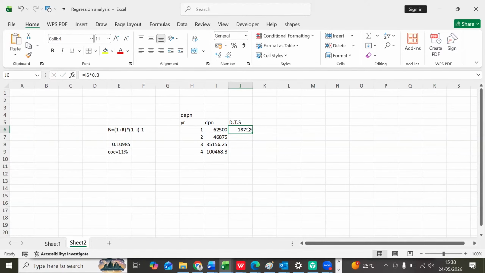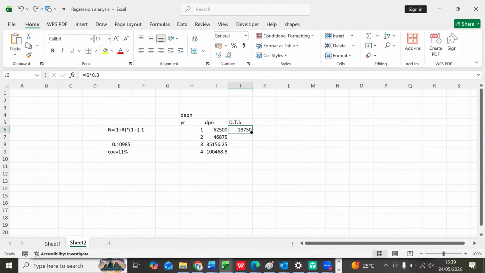We are taking depreciation times the 30%. So you come here, you say equals, you pick depreciation for year 1, then you say times 30%. 30% is the same as 0.3. Then I do Control Enter. Once I've done Control Enter, I will come to this autofill. You've got 2 pluses. One is just a highlight, a very useless plus. And then we have this other plus, which is the autofill, the black one, just like a black rabbit.